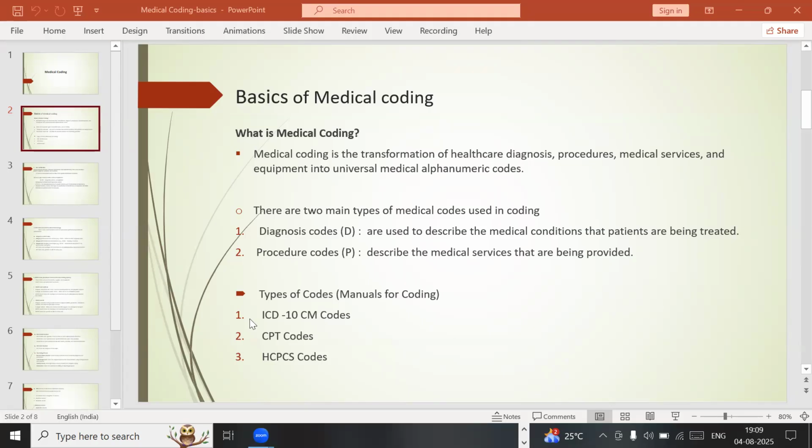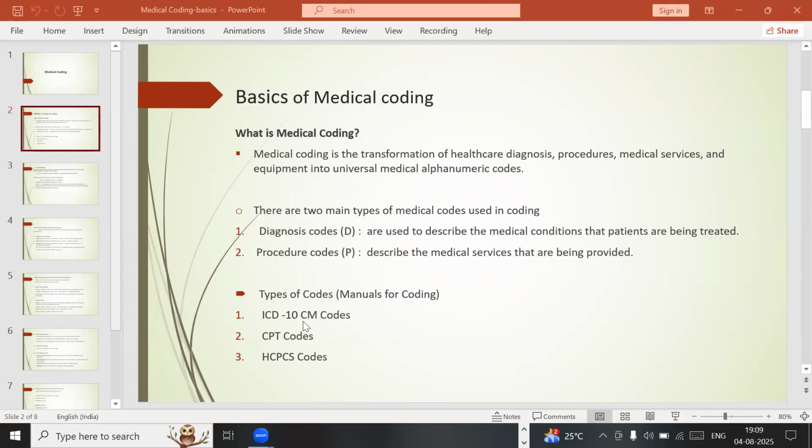Coming to the types of codes and manuals, what manuals do we use for medical coding? ICD-10-CM codes, CPT codes, and HCPCS codes. These are the three manuals. We have to study these three manuals in order to work as a medical coder. You may get a job in any of these departments, for example the ICD department or the CPT department.